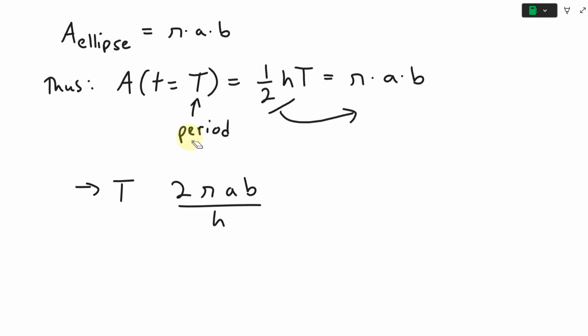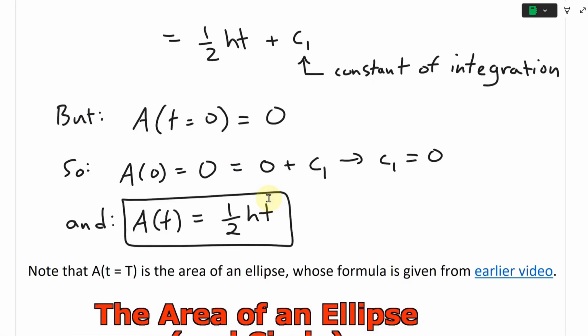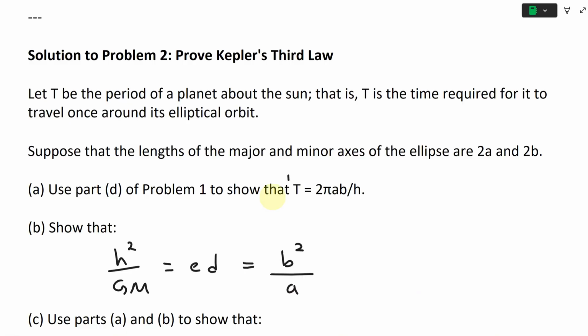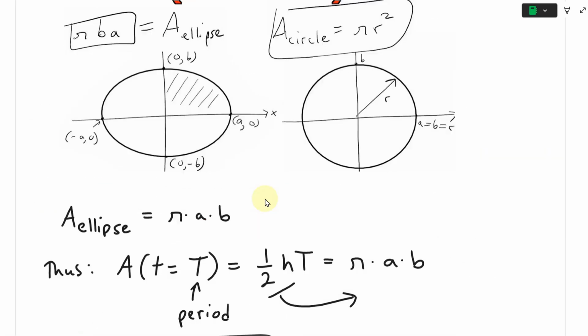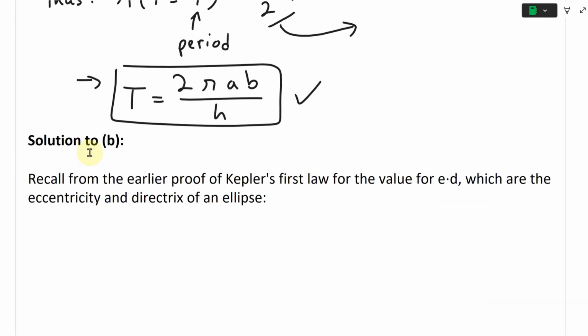I'll move this a bit in here, and move it right here. All right, so there's the period, and that's what we wanted to solve. Now if we scroll all the way back up, we wanted to show it equals 2 pi a b over h, and that's what we just solved. So there it is. That's a check mark.